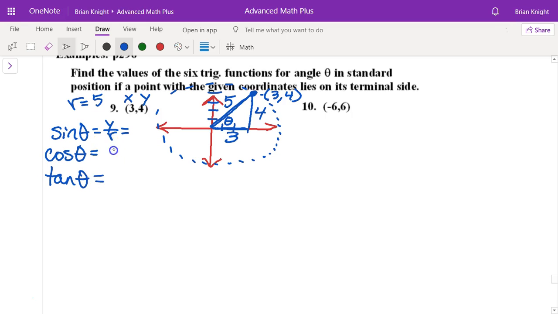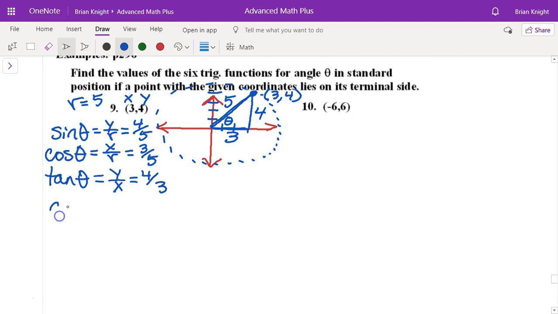Okay? And now you just do this and then flip them. So, what's y? 4, r is 5. So, 4 over 5. X is 3, r is 5, so 3 over 5. Y is 4, x is 3, so tangent is 4 over 3.